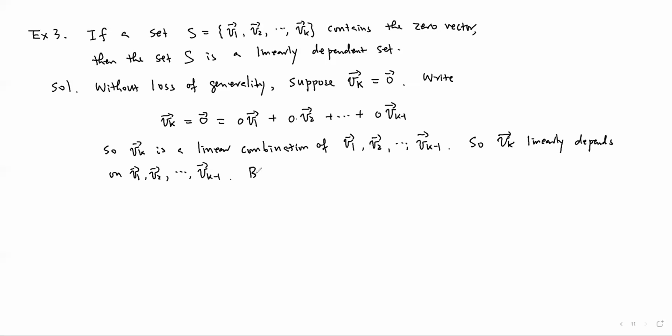By theorem, the previous theorem says that a given set, if one vector linearly depends on the other vectors, then the given set must be a linearly dependent set.